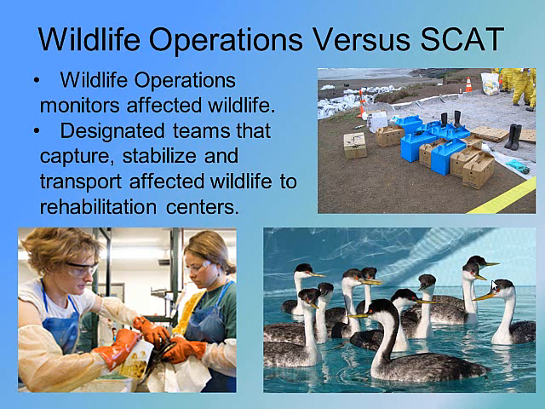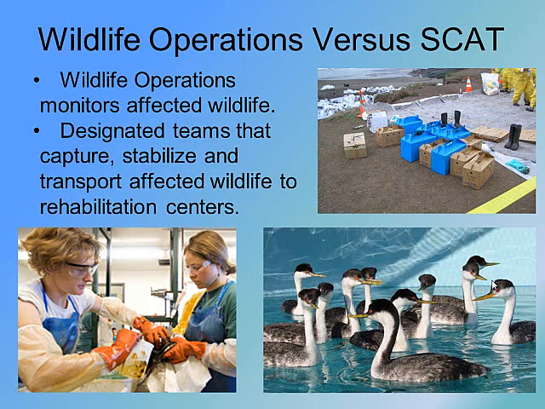So it is important to differentiate the wildlife operations team from the Shoreline Cleanup Assessment Technique teams. The SCAT teams do not perform wildlife ops, but they do observe oiled wildlife in the vicinity. They will note it or report it to the Wildlife Operations Unit, but they will not go out and collect the oiled animals.